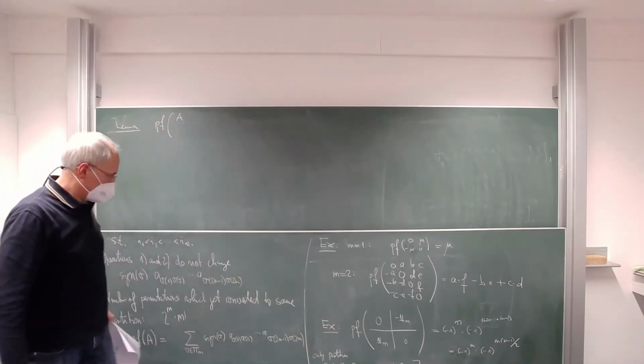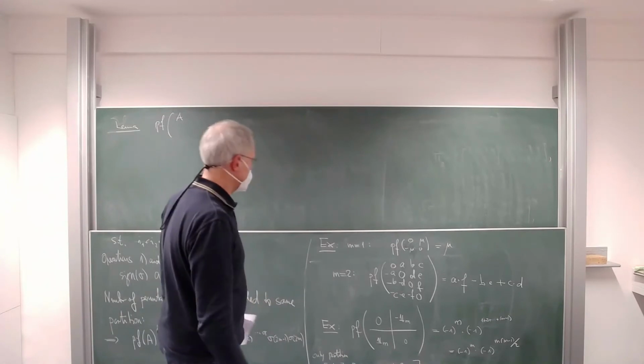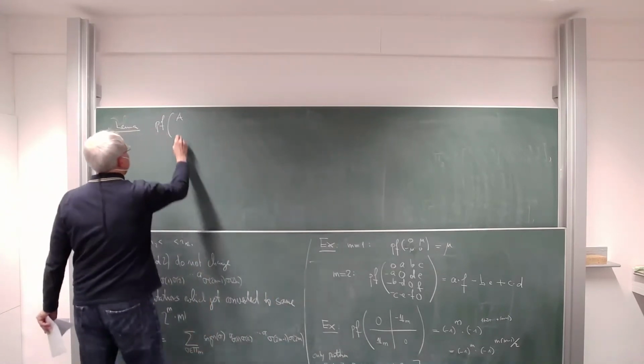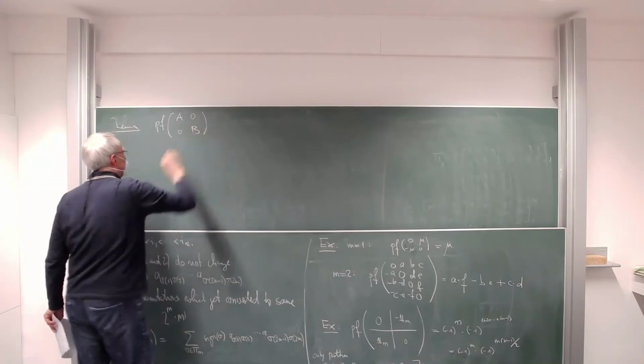We would like to treat these block matrices which I've just erased, coming from the normal form. And for that it would be good to know what the answer for that is.